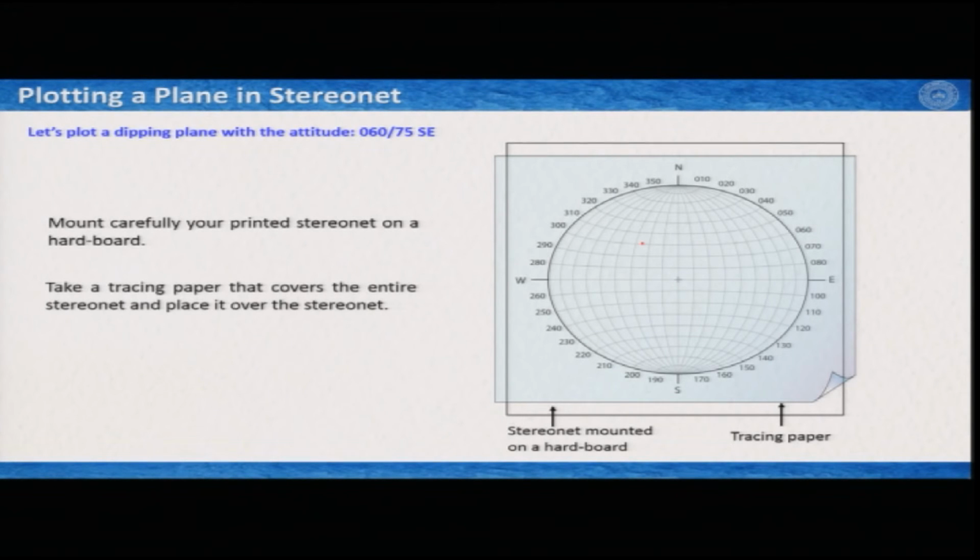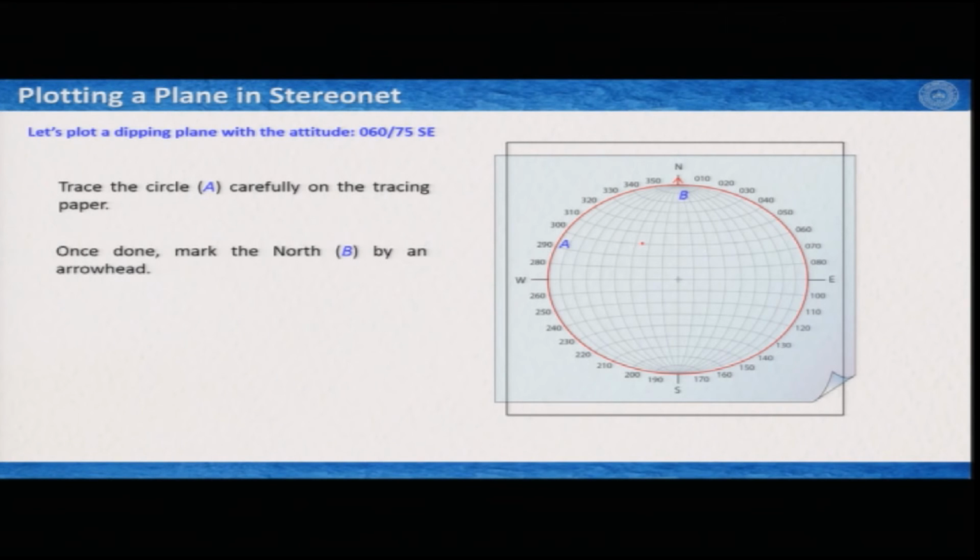That means, you have to mount carefully your StereoNet on a hardboard, and then you have to find a tracing paper that covers the entire StereoNet, and then you place it over the StereoNet. Again, you trace the primitive circle on the tracing paper, and you mark the north, which is here the point B on the tracing paper.